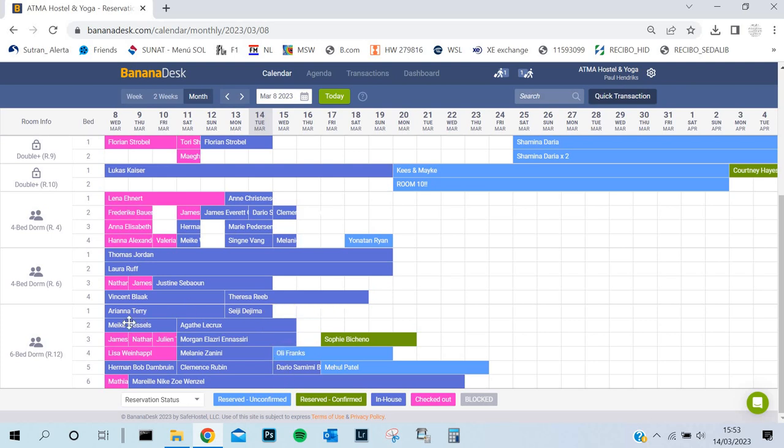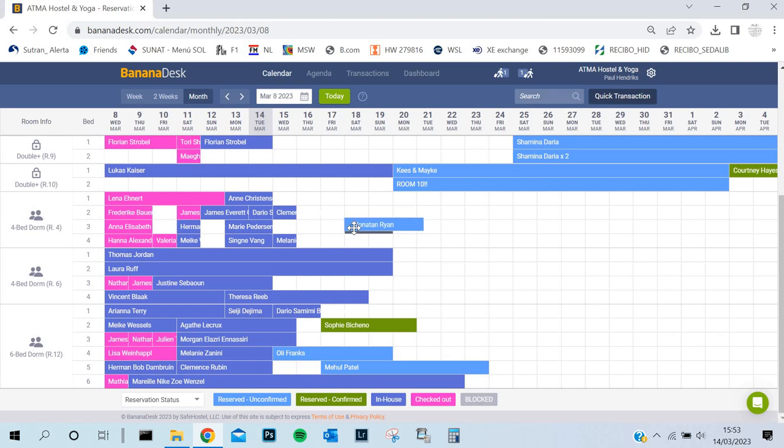So it doesn't matter on which line the person is, so I can move this person around. The same counts here. Let's say this person wants to extend 2 nights. Is it possible? Yes, of course it's possible. I just need to move this person out of the way, and then I can extend this person. So I can move these people onto another line.